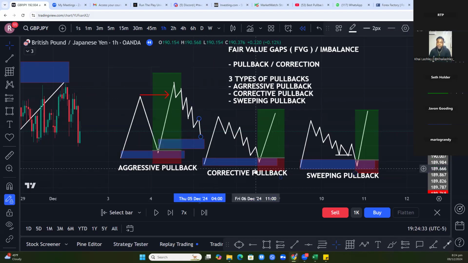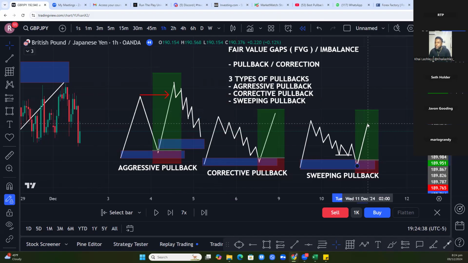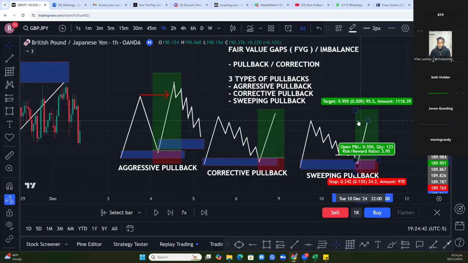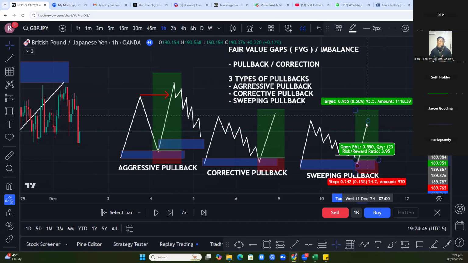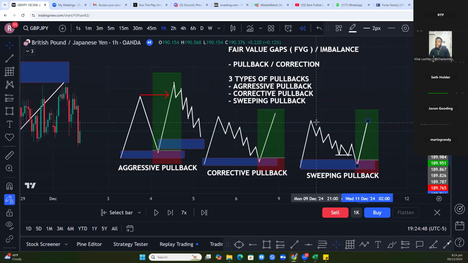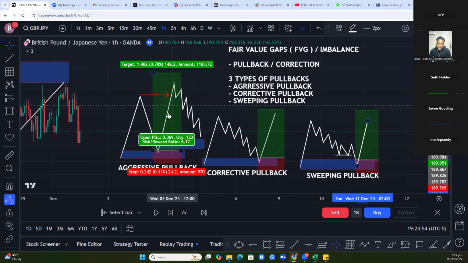So when, for example, we have things like this, where price does not break structure, it's not to say that it can't go ahead afterwards and break structure, but the probability of it happening is not as high as a move like this. We want to see price breaking structure.